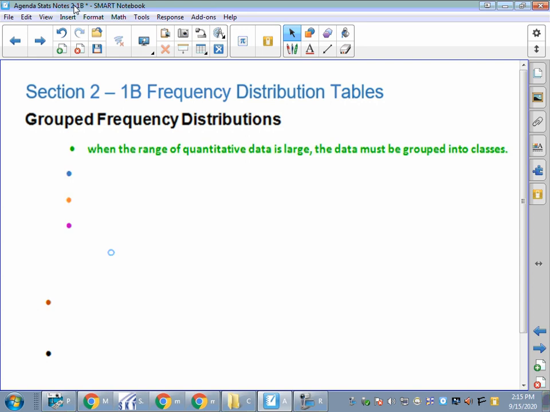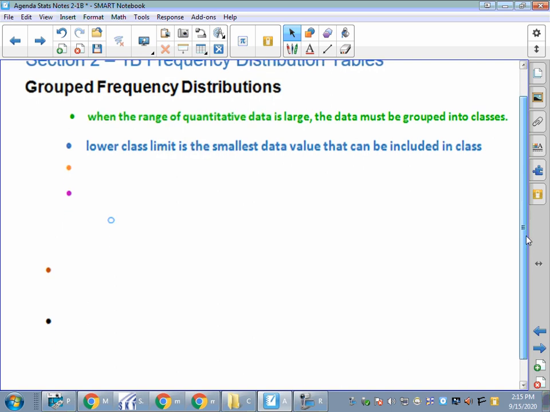So use a grouped frequency distribution when the range of quantitative data is large. We must group it into classes. This is how we can actually look at the data. The lower class limit is your smallest data value. So you always start with whatever your lowest value is.